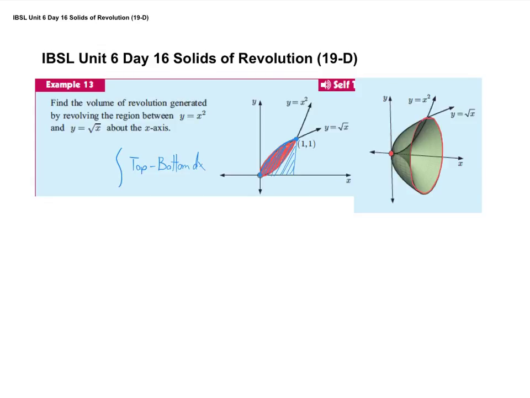Okay? So, again, the integral of the square root of x from 0 to 1 in this case would give me the area. If I wanted to find the volume of that area revolved around the x-axis, I would make it pi times the square root of x squared. That would give me something with the same outer shape as what we're going for, but it would be solid on the inside.